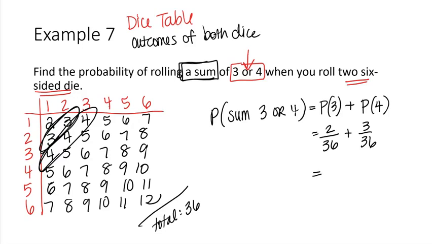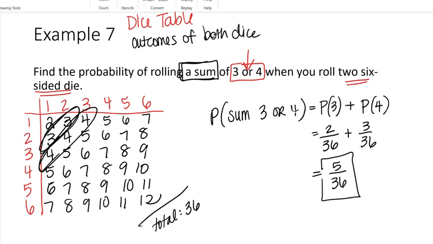There's no overlap. I can simply add. 2 plus 3 is 5 out of 36 results. And you get to stop right there. When things are mutually exclusive, you can simply add them up. There were 1, 2, 3, 4, 5 outcomes in my sum table that gave me what I wanted.